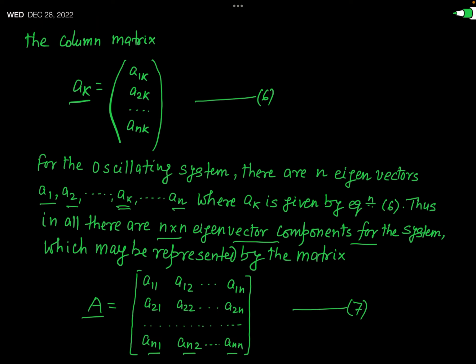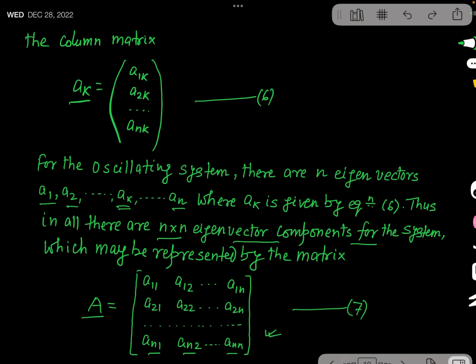The total number of eigenvector components for the system will be n into n, and those values are written in this equation 7.